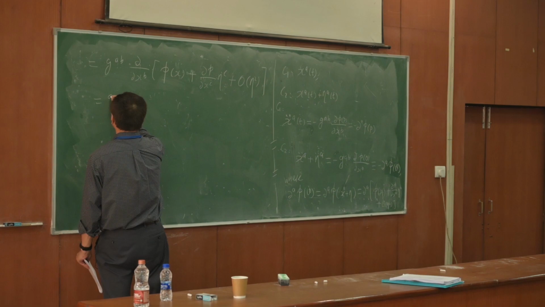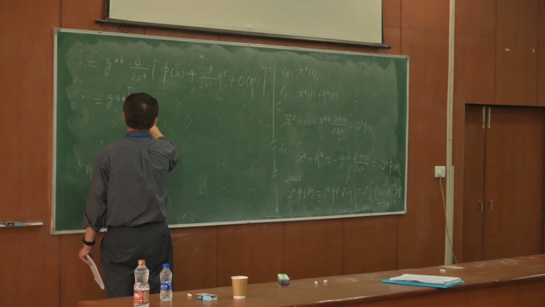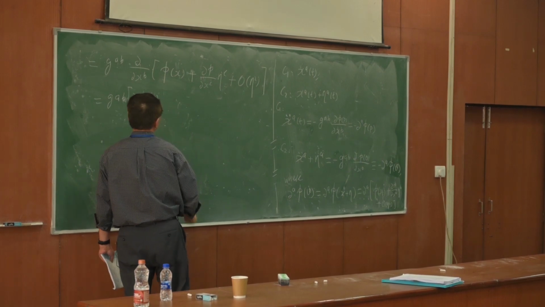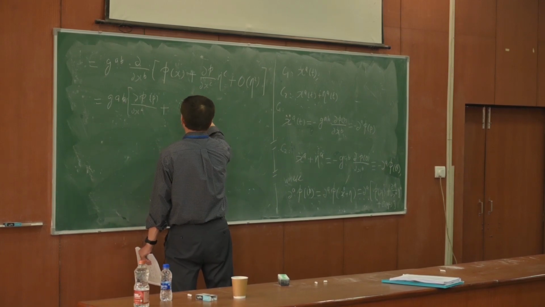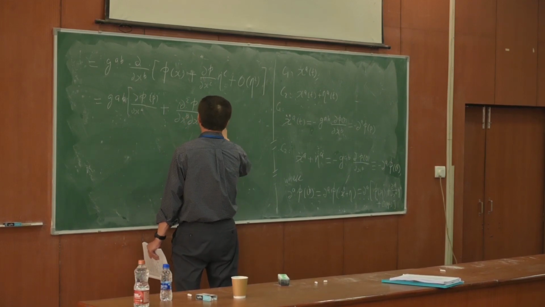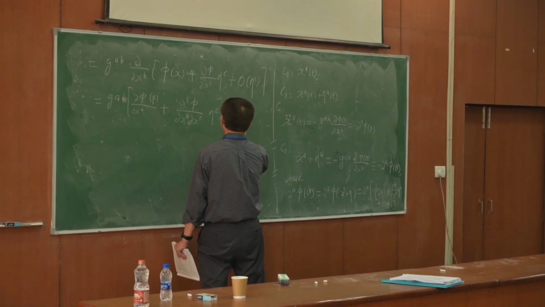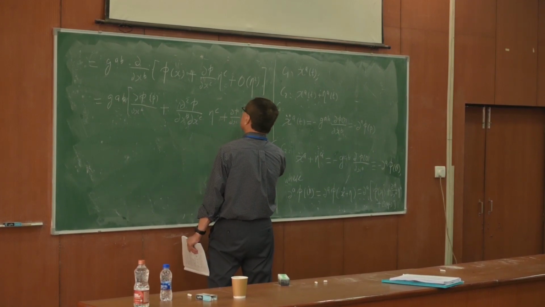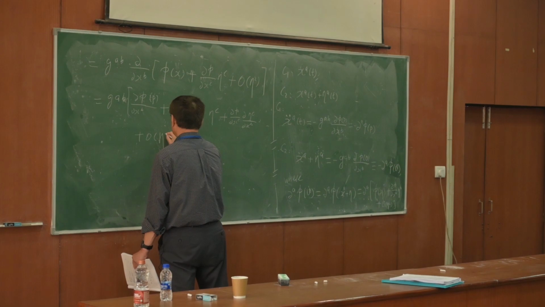So this gives me g a b dx d phi. This is the point here, the same as x, plus d square phi dx d dx c eta c plus d phi dx c d eta c dx d plus higher order.